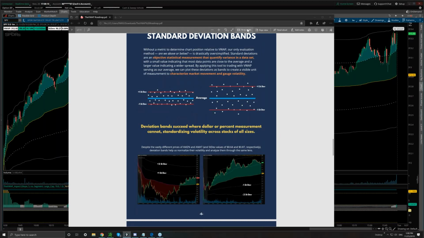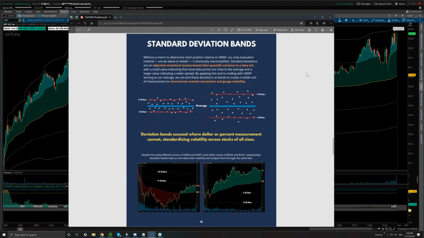Now, standard deviation bands. This is something I am surprised to find that a lot of traders, even large successful traders who have used VWAP for a while, don't routinely apply to their charts.